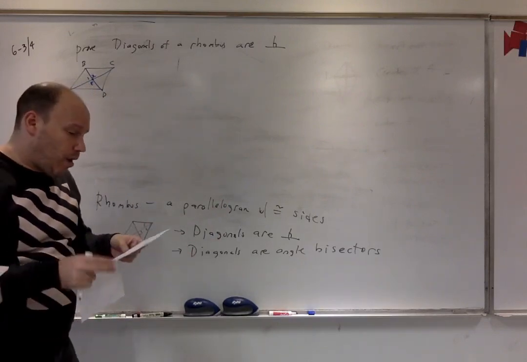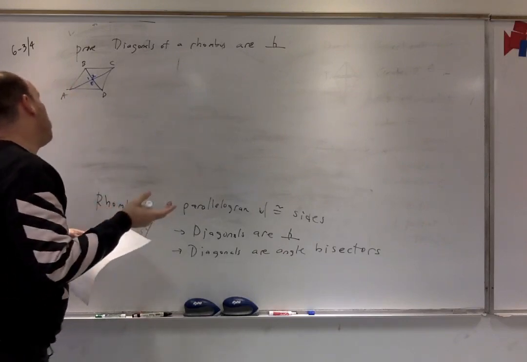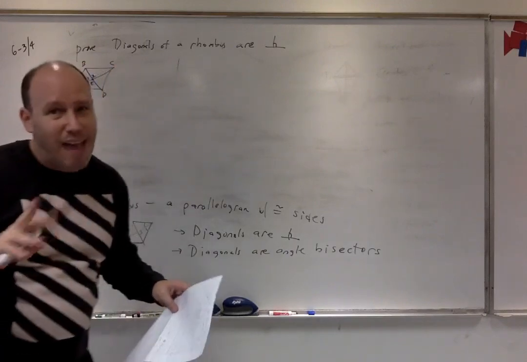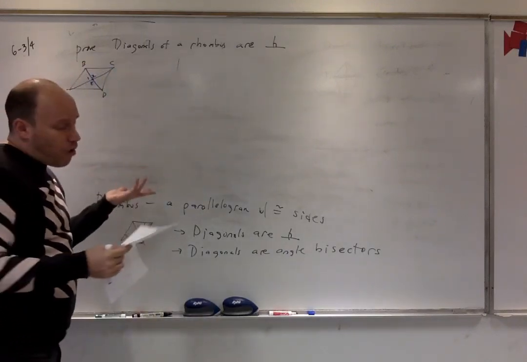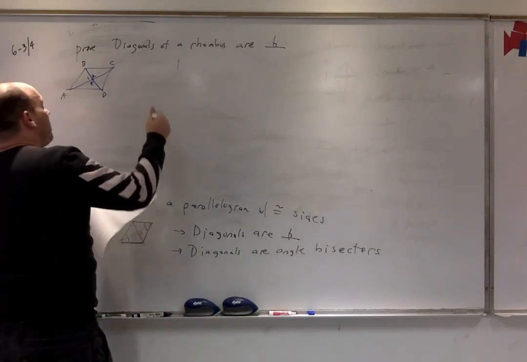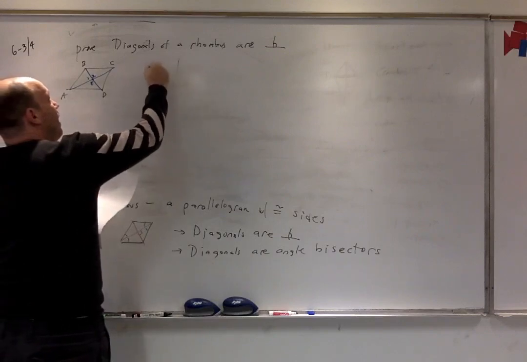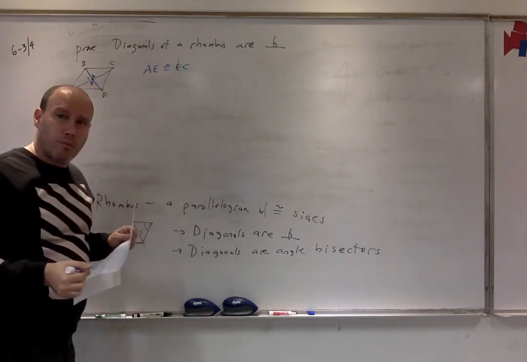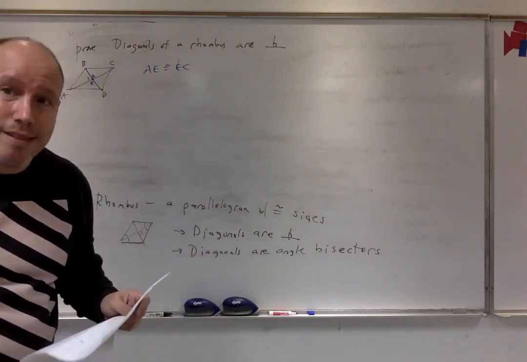What do you think? So, where should we start? Well, I have a bunch of triangles. Prove triangles congruent. That's your goal. Once again, it always comes back to the triangle. So, let's start. AE is congruent to EC. Why? Well, that thing is a parallelogram. Therefore, the diagonals bisect each other.